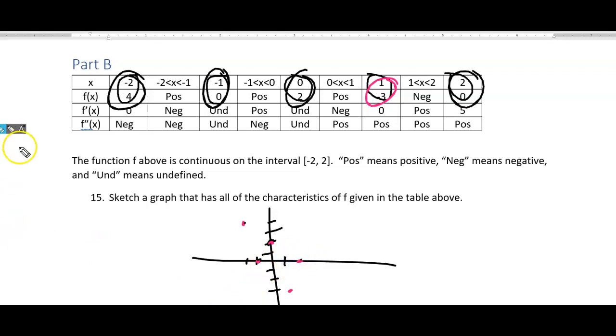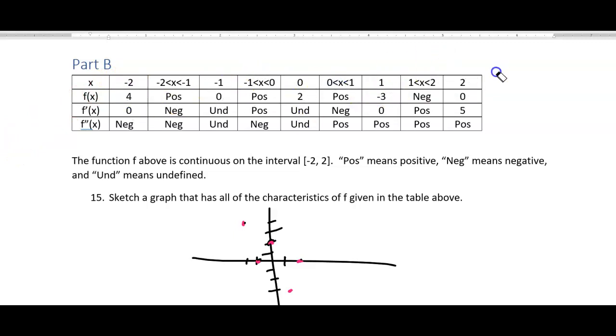Now, after you do that, you want to look at the slope and the concavity in between the points simultaneously. So like in between -2 and -1, look at the slope and the concavity simultaneously. So this means that your function's going in a downward direction because it's decreasing, but it's concave down.